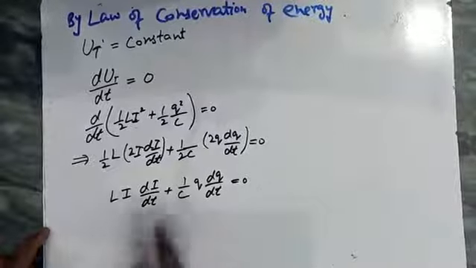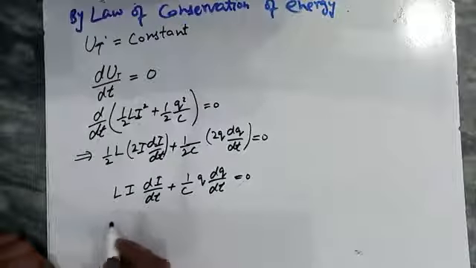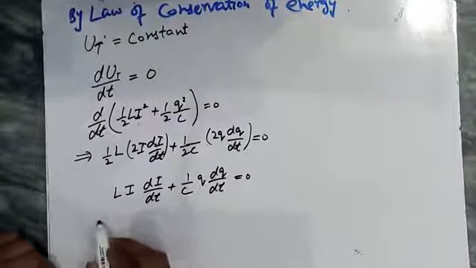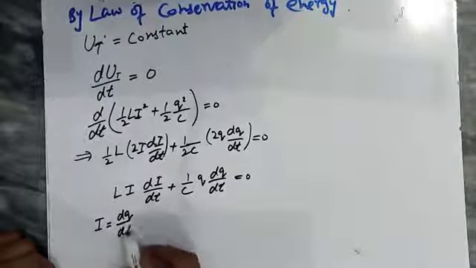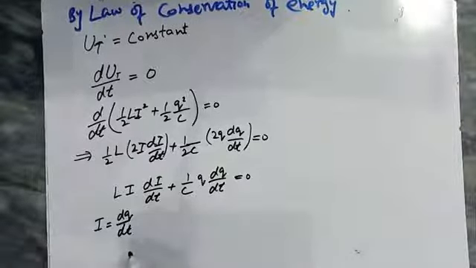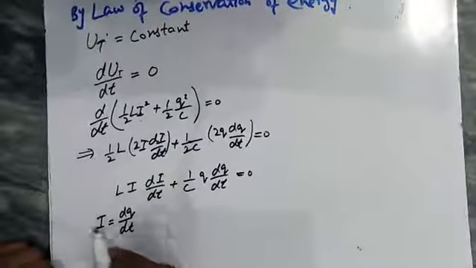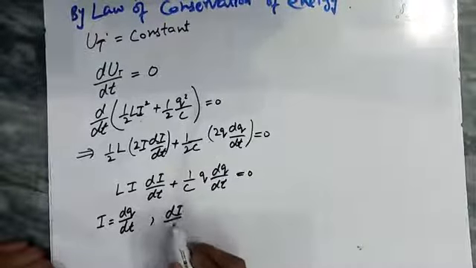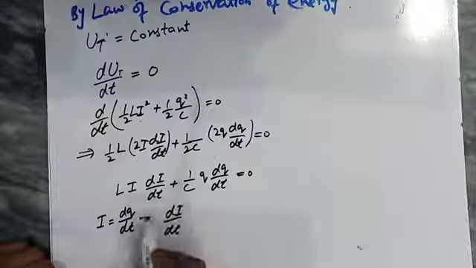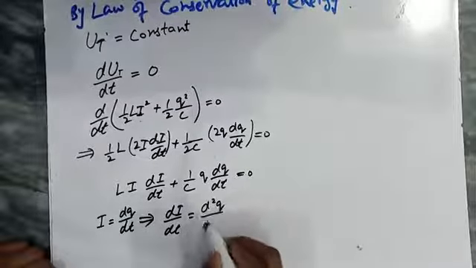I can write this whole equation in terms of charge Q, knowing that the definition of current is equal to rate of flow of charge. And if I take derivative of current with respect to time, then di over dt is equal to d square Q over dt square.